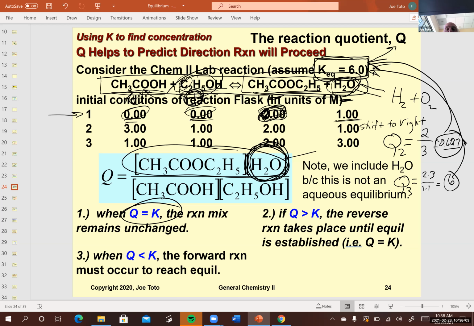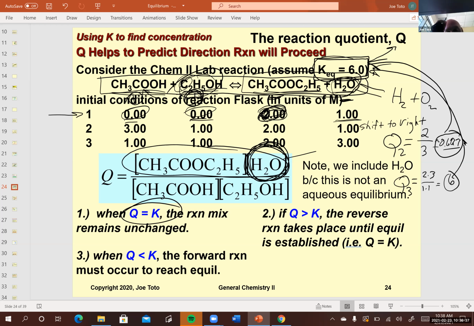And we just learned that any solids or pure liquids are not represented in the definitions of Q and K. So what's going on here? Why is water in here? Because it's not aqueous. Yes, it's not.